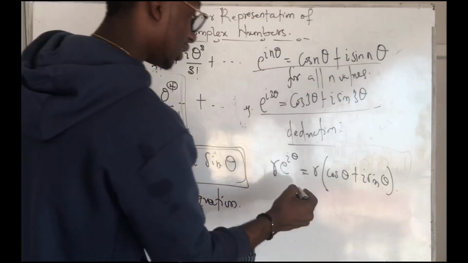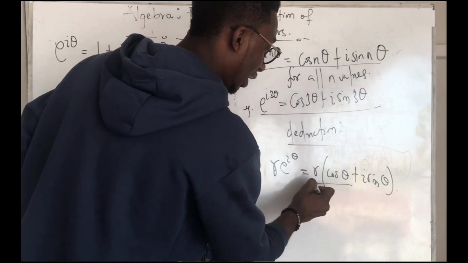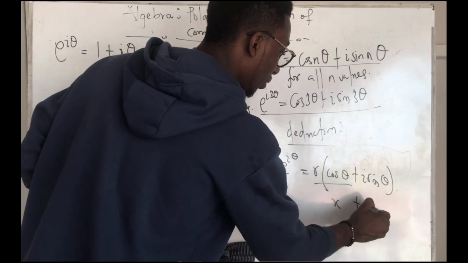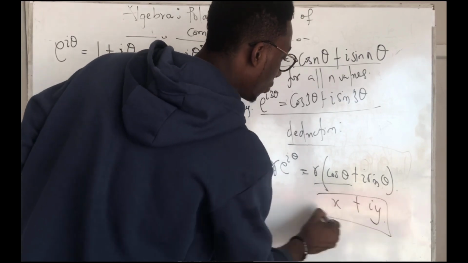So now the r cos theta part is x, and the r i sine theta becomes our iy, and that is how we represent our complex number.